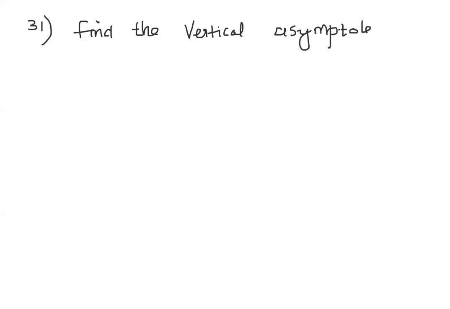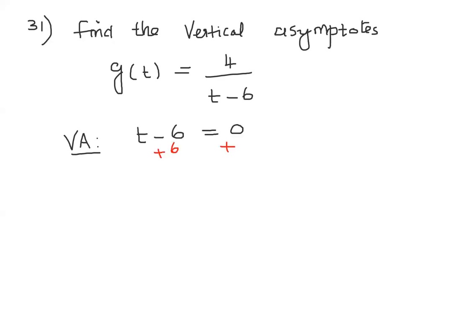To find the vertical asymptotes of the function, we have to set the denominator equal to 0. So t minus 6 equals 0. Now add 6 to both sides. So t equals 6 is the vertical asymptote of this function.